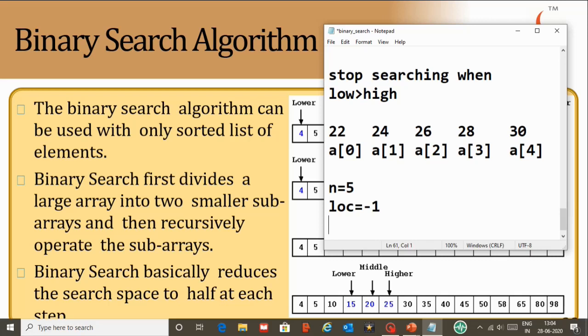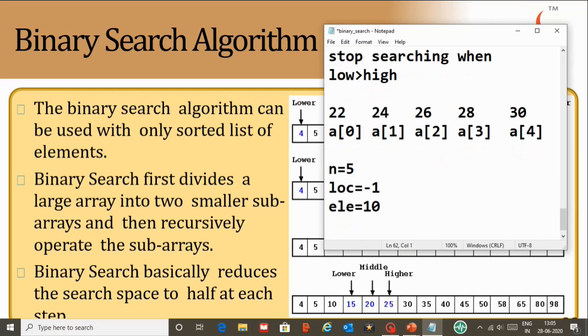Now LOC is equal to minus 1. Then, for example, ELE is equal to, let it not be 0, like I'm searching for an element 10 in the list.